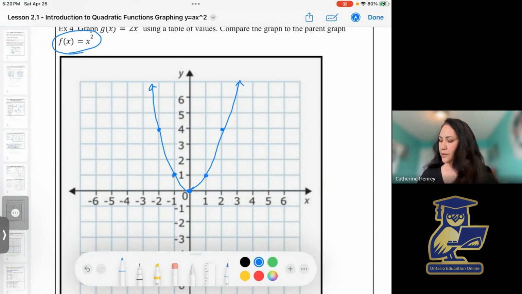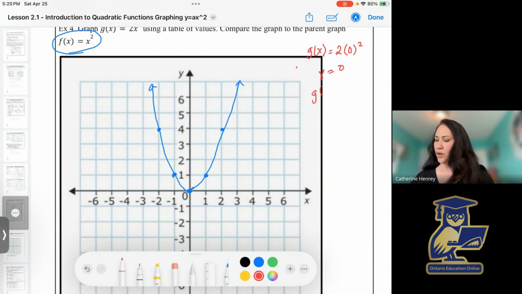And I'm going to change my color. So now we want to find some values of g of x. 2 times 0 squared is still going to be 0. g at 1 is going to be 2 times 1 squared, which is 2. g at 2 is going to be 2 times 2 squared, and it's going to be 8.